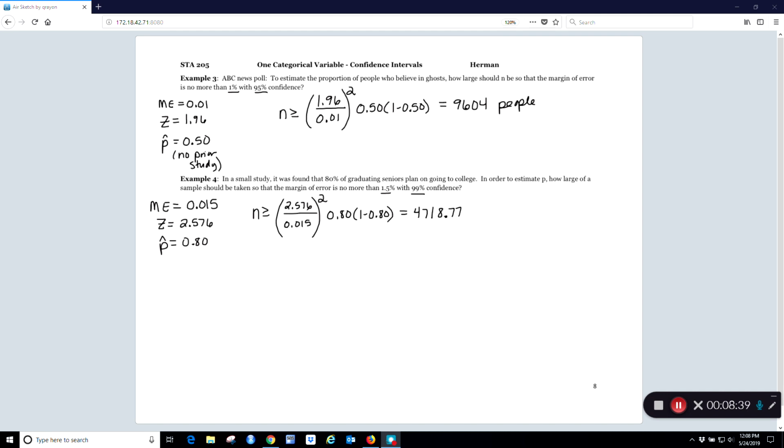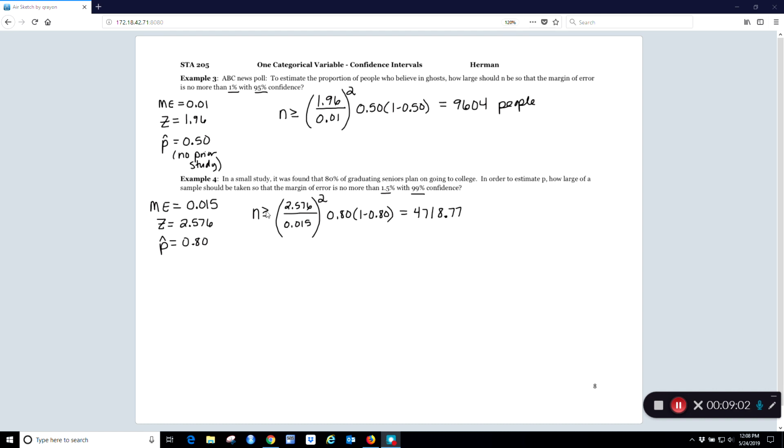But here a decimal doesn't really make sense because we're talking about the number of graduating seniors. I can't sample a partial person. So the question might be, should I round up or round down? In the case of sample size, no matter what this decimal point is, we're going to round up. And that's the reason why I write this formula the way I do.